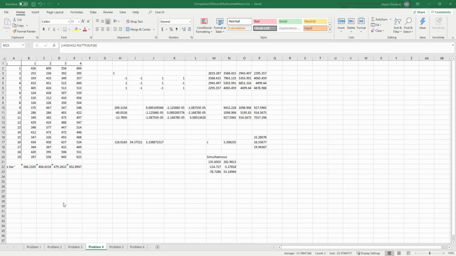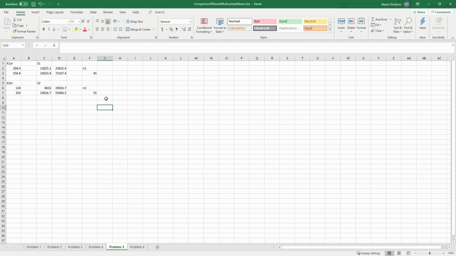Let's go to an example. Let's say that we have this data given here, where the first random sample is of size 45, and the second one is of size 55, and we want to compare the means of those two, assuming that the covariance matrices are equal and that both distributions are normal. Here are x1 bar, x2 bar, S1 and S2.